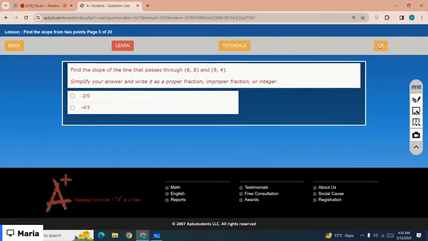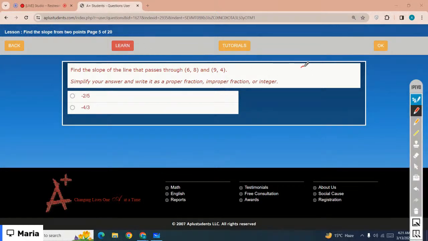Okay, the next one is find the slope of the line that passes through 6, 8 and 9, 4. So you are given the points, they are 6, 8 and 9, 4. So this is x1, y1. This is x2, y2. So the slope is y2 minus y1. y2 is 4, 4 minus 8. x2 minus x1, 9 minus 6.